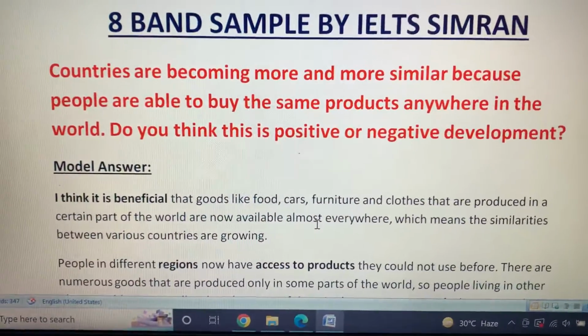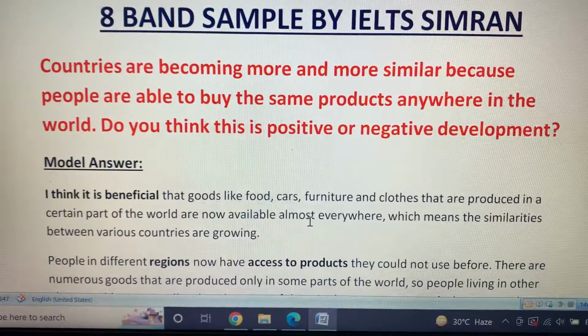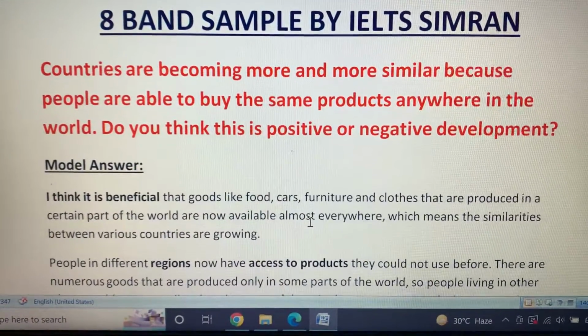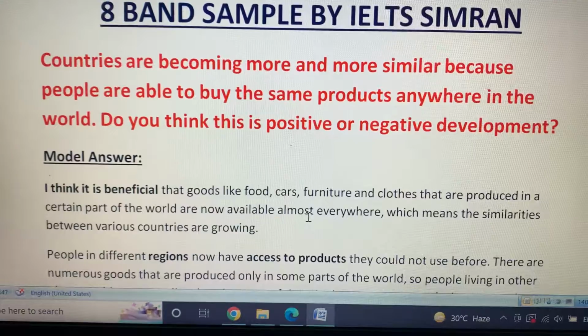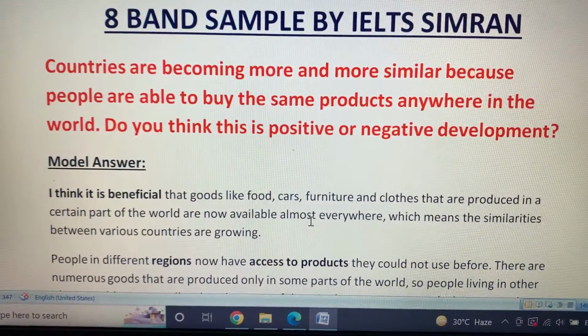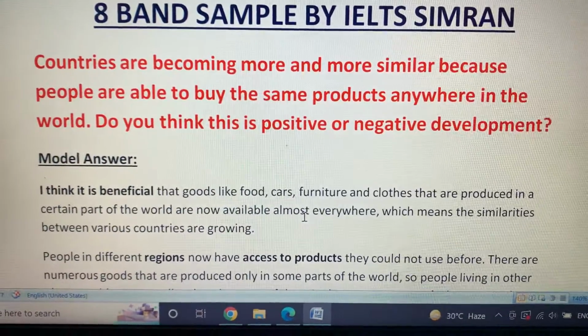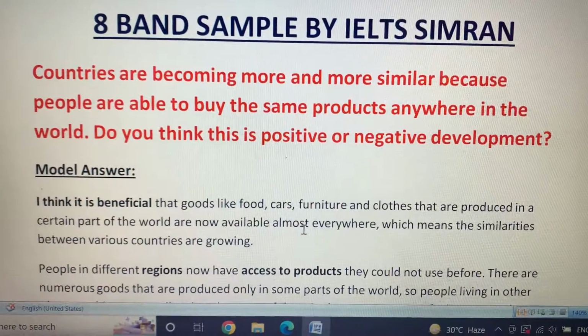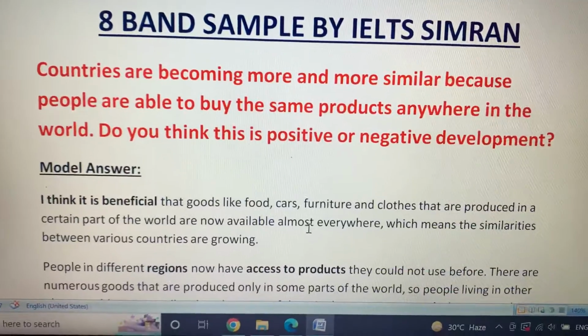Okay, so countries are becoming more and more similar because people are able to buy the same products anywhere in the world. Do you think this is a positive or negative development? So you have to take one side. It's a positive or it's a negative.